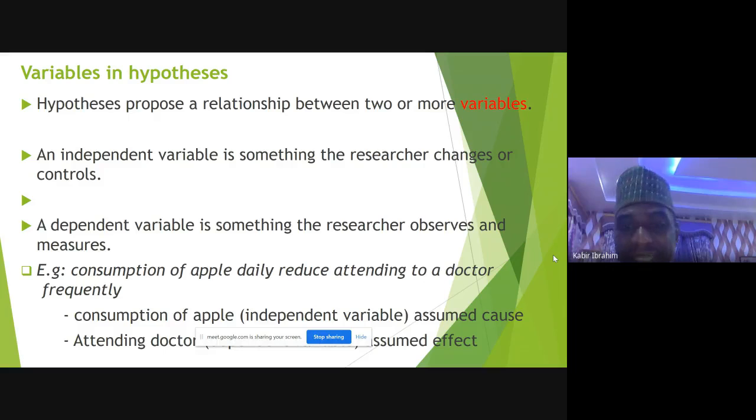Consumption of apple daily reduces attending a doctor frequently. We said here, consumption of apple is the independent variable, and it is the assumed cause. It is you that consume the apple. After you consume the apple, you notice that it adds some health.